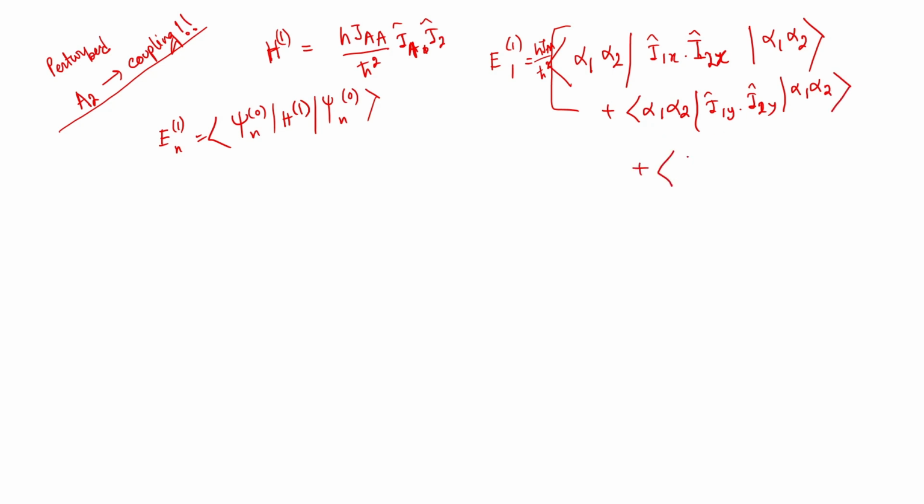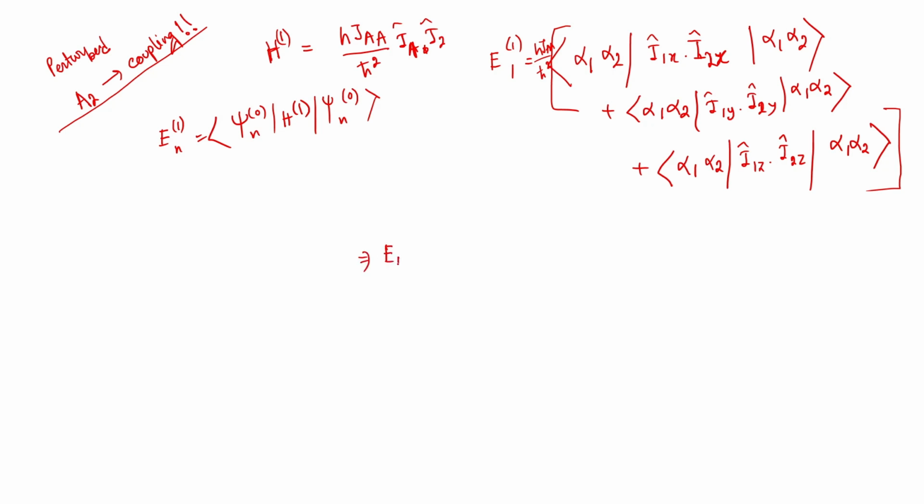Then we have alpha 1 alpha 2, then we have I1z I2z, right? Then we have alpha 1 alpha 2, something like this. Now we all know the relationship, I1x will operate on this, and this will operate on this. Let us see what we are getting.